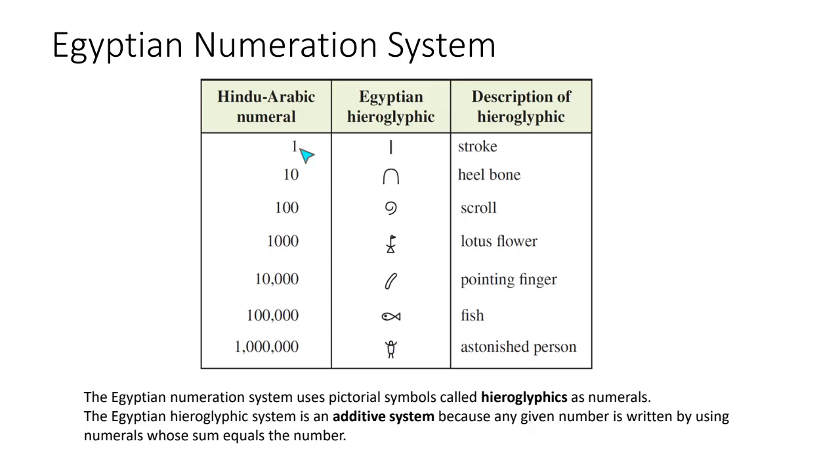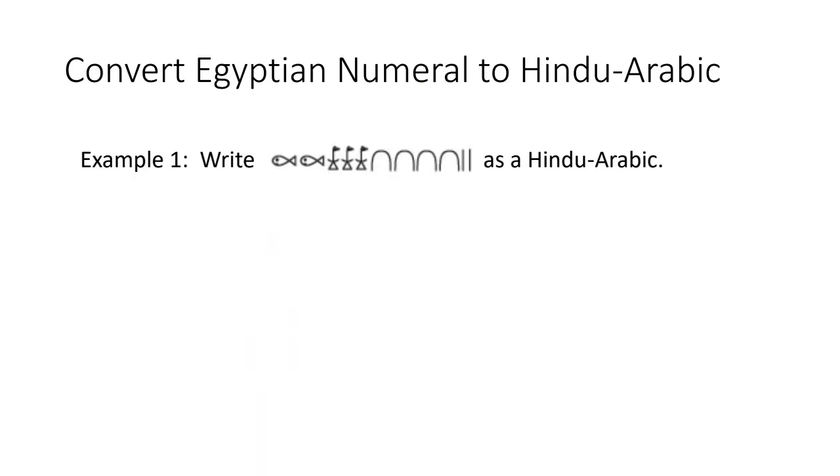On the left side is what each represents in our system. This stroke represents a 1, the heel bone represents a 10, the scroll is 100, and so on. Then you have the astonished person. Some books will call this the amazed person, and that value is 1,000,000.